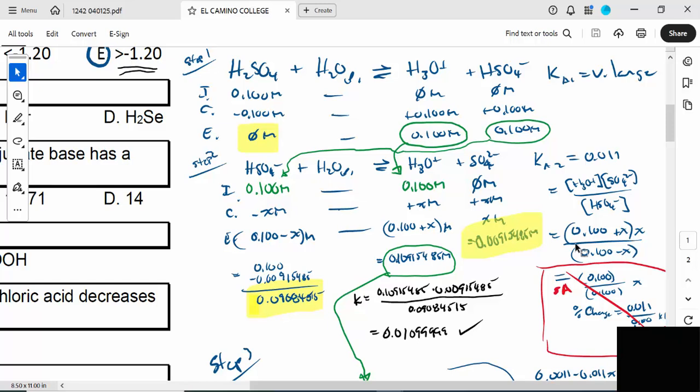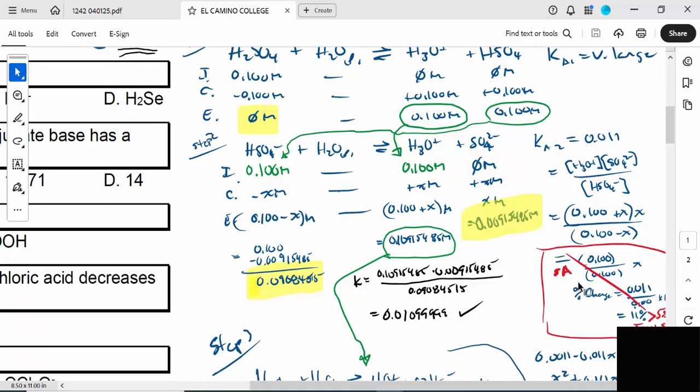It looks like this would be a good candidate, possibly, for the simplifying assumption, but the simplifying assumption fails. It's 11% change. 11% change is too big. And so we have to get it into quadratic form, which I did here.